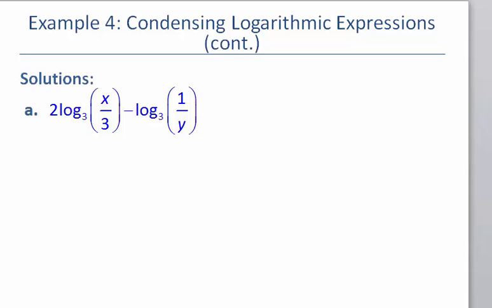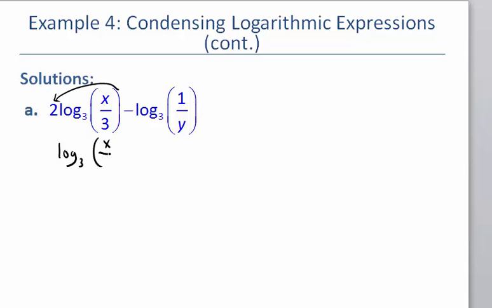So look at this first problem where we have 2 times log base 3 of x over 3 minus log base 3 of 1 over y. And let's look specifically at this 2. This 2 used to be an exponent, but at some point it got pulled down to the front. So our first step is to take it back up.